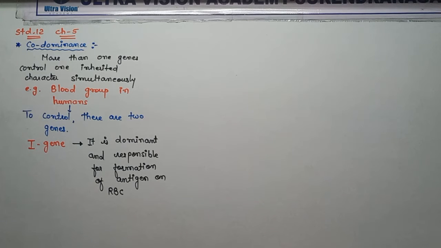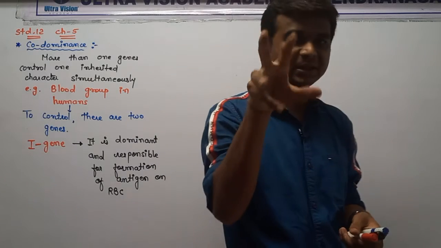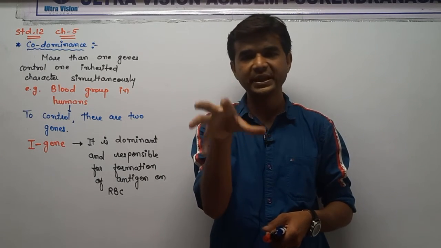Basically, blood group is identified by the type of antigen present on the RBC. I have told you that in the 11th standard. According to which type of antigen is present on the RBC, we say the blood group.